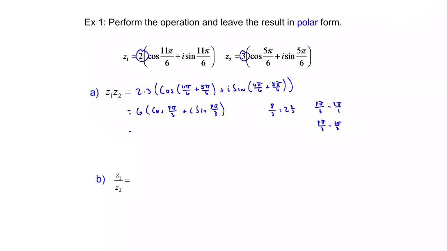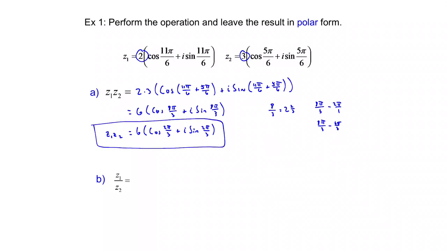So that would give us 2 pi over 3. So we'll rewrite this as 6 times cosine of 2 pi over 3 plus i sine of 2 pi over 3. So that is the product of two complex numbers that were written in polar form. So here's our final answer to that.